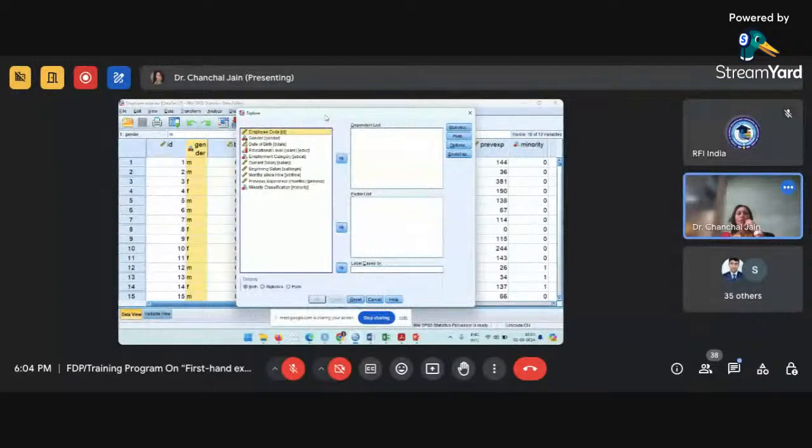There you can find all the variables of the sheet listed at the left hand side. You need to shift them to the right hand side boxes according to your need. So I'm expecting you to select current salary and shift it to the dependent list box. Done? Shifting done?